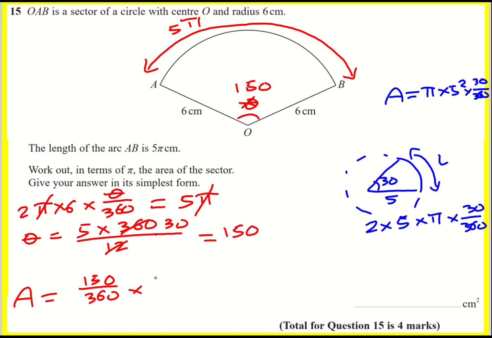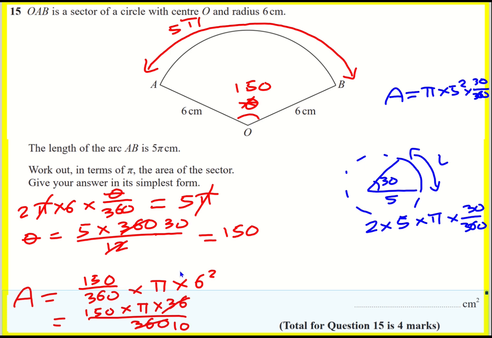I'm actually writing it first, times by pi times 6 squared. So that is then 150 times pi times 36 over 360. And this is good because the 36 and the 360 mostly cancel, just leaving us a 10. And then the 10 and the 150 will cancel to 15. And our answer is going to be 15 pi centimeters squared.